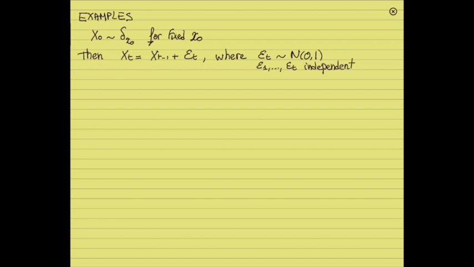So let's see if this Markov chain converges or not. We can write x1 as x0, which is a fixed value, plus epsilon 1, which is a normal 0, 1. And so marginally x1 is a normal x0, 1. We can also compute the marginal distribution for x2, and so on up to xt, which is a normal with variance equal to t. And so as t goes to infinity, the variance explodes.